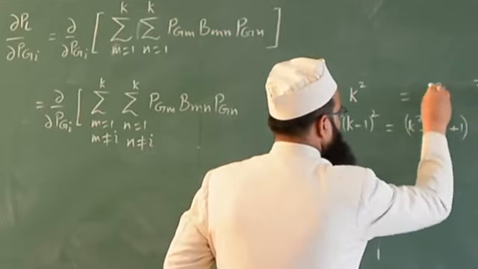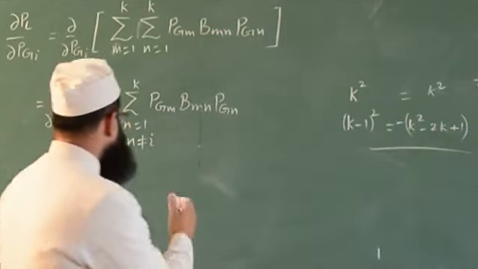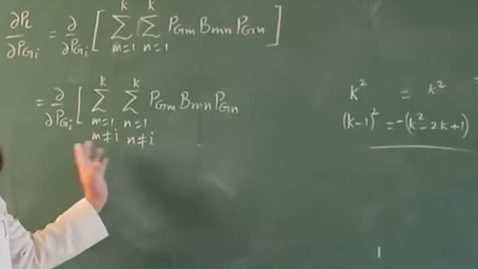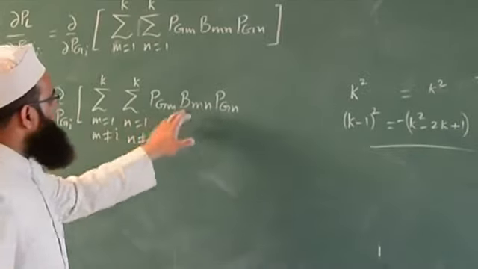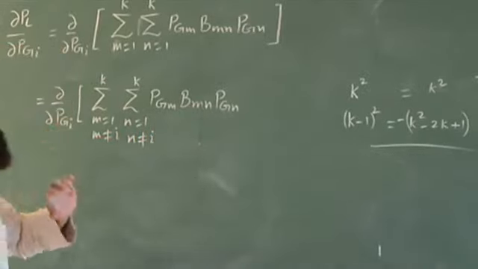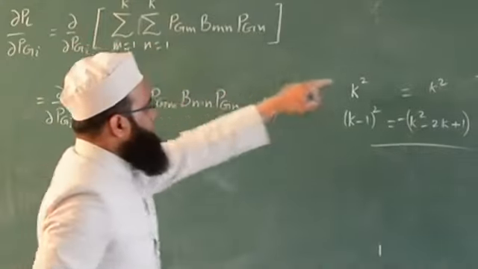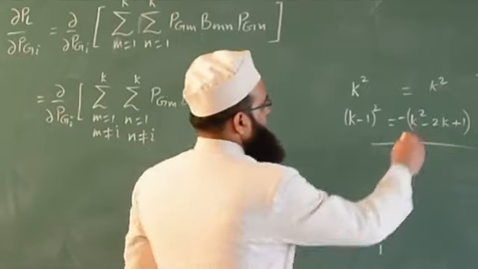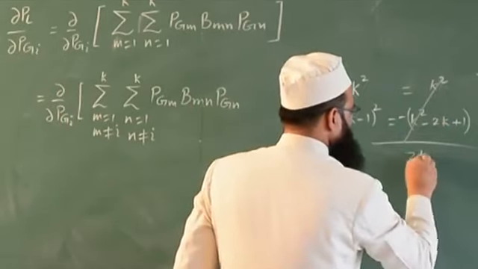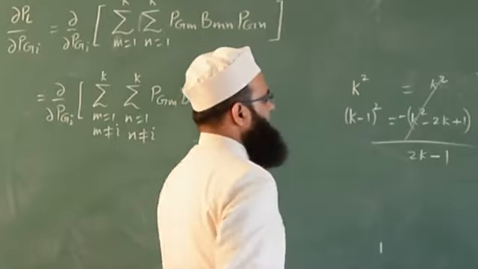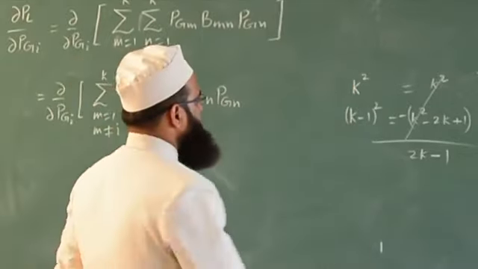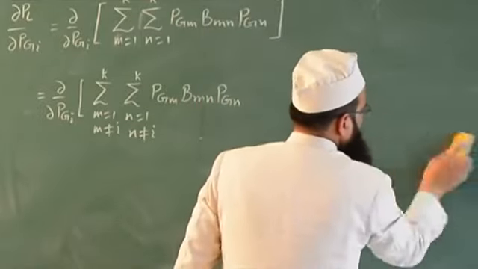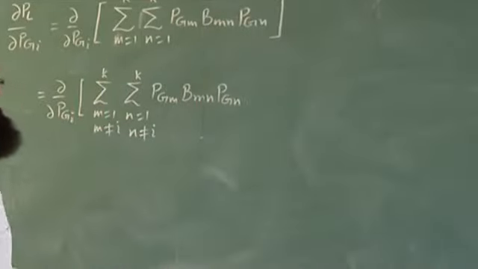So subtract this from the total k square. The total number of terms which depend on PGI, corresponding to either m is equal to I or n is equal to I, or both, at least one PGI will be there, hence depending on PGI. So k square minus the terms independent of PGI gives 2k minus 1, where k is the number of plants. So the total number of terms depending on PGI is 2k minus 1.